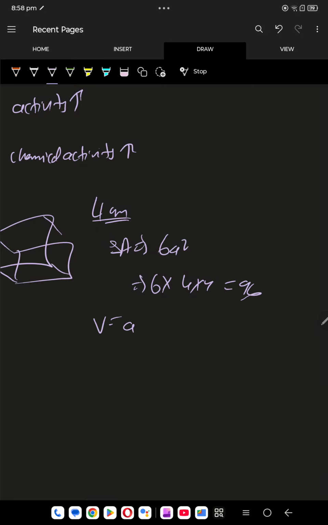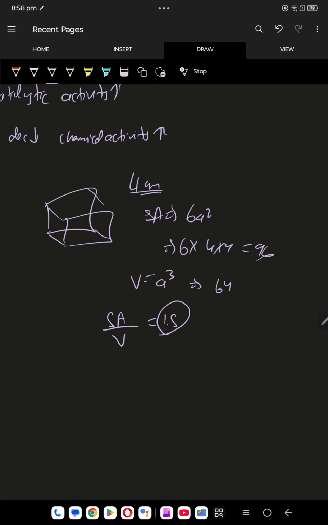Volume is a cube, so 4 into 4 into 4, that is 64. So consider surface area to volume, since I said it has high surface to volume ratio. 96 by 64, that is 1.5. Now keep it like that.